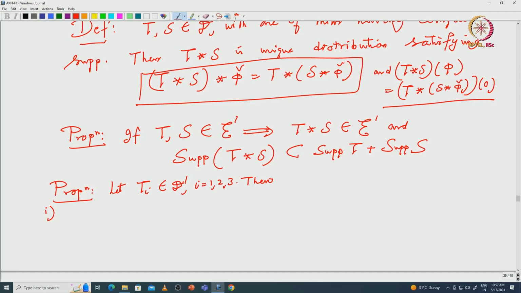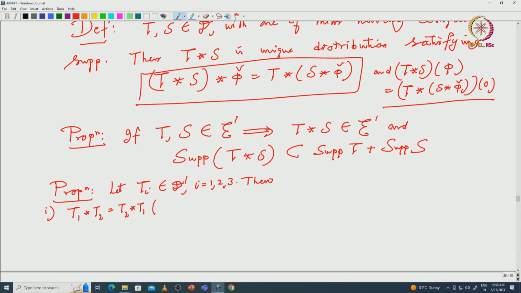Okay. So, wherever it is valid, whatever formula I think, sometimes you need one of them to have compact support, sometimes you need 2 of them to have compact support. T1 star T2 equals T2 star T1.